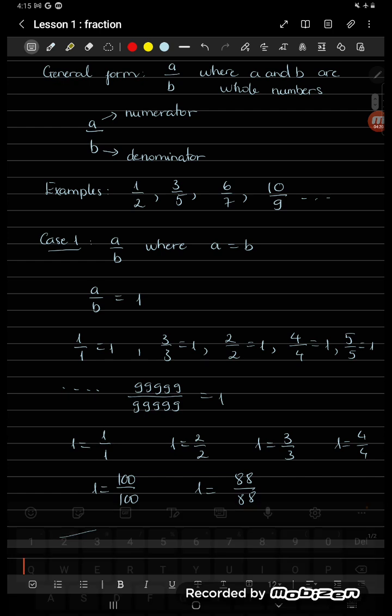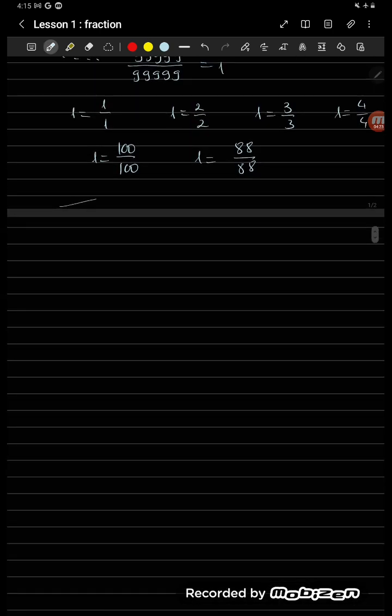Now we'll go to case 2. Case 2: we have a fraction A over B, where A is a multiple of B. Let's take examples.